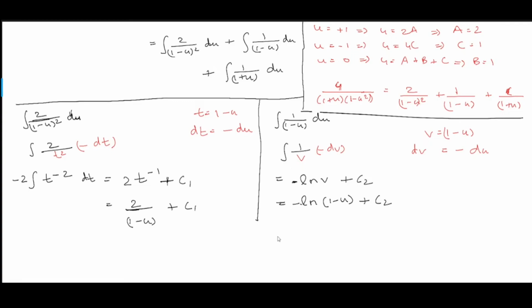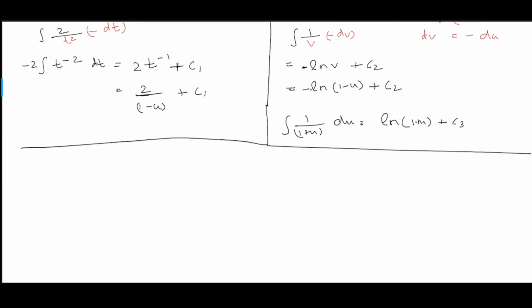Similarly, you can say the integration of 1 by 1 plus u du is just going to be ln of 1 plus u plus some constant c3. So we started with the integration of 4 by 1 minus u, 1 plus 1 minus u whole square, multiplied with 1 plus u du, right?